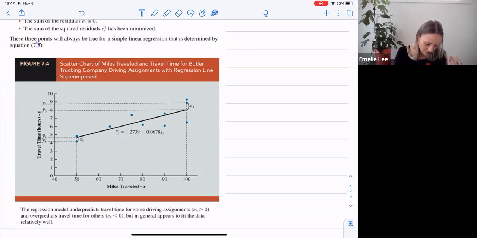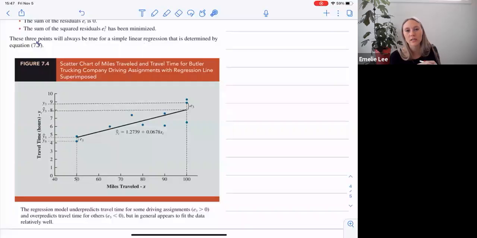We're talking about how the travel time depends on the number of miles traveled by some trucking company, with different drivers and different driving assignments. Here we have a sample size of 10 different driving assignments, and we look at how many miles they drove and how long they drove in hours.